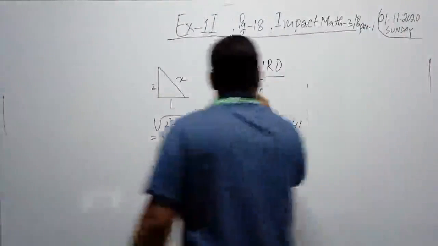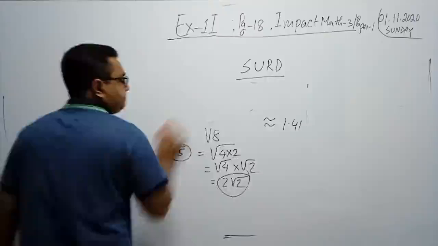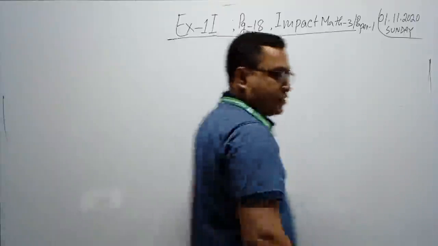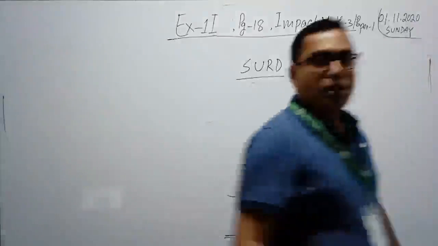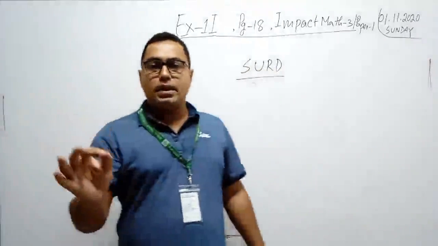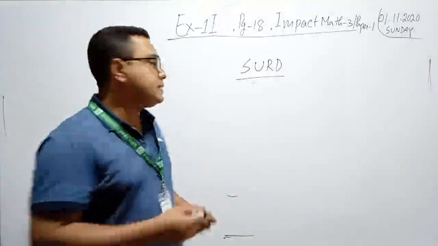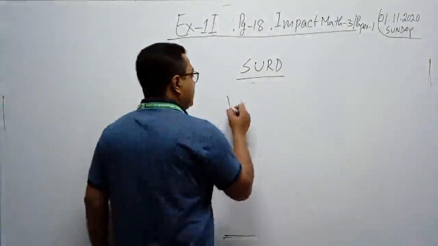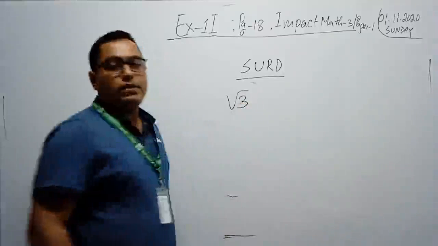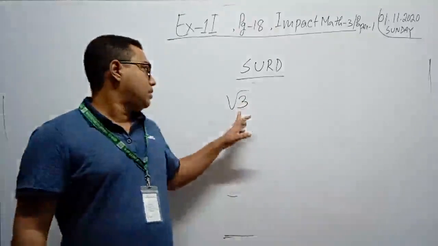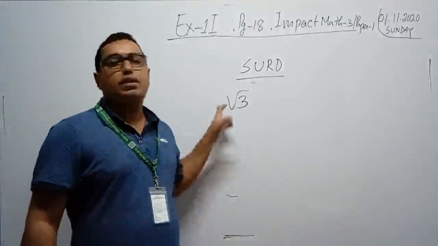Let me simplify the calculation. First of all, what is surd? Surd is a representation of a number. Suppose this square root of 3. This is called surd.